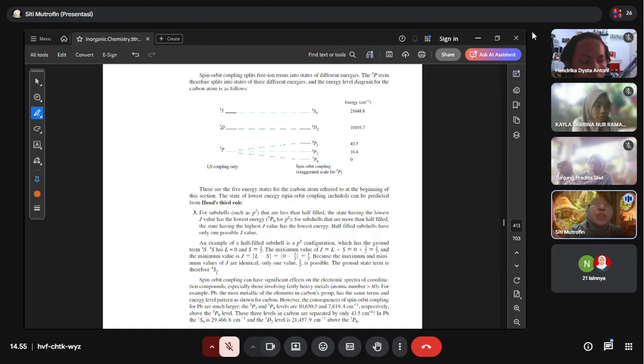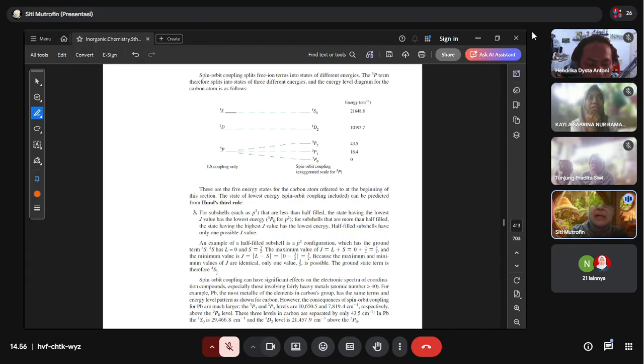Okay, Tunjung, now you get the full symbol of the free ion term symbol. The 3 here represents the capital S and the 0 represents the capital G.